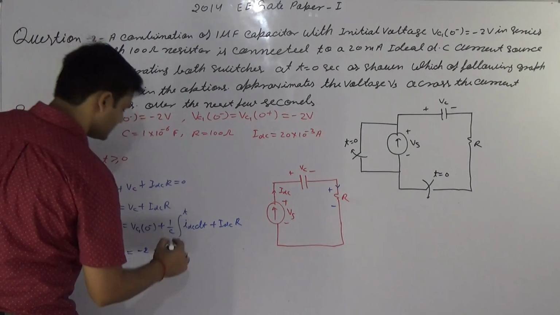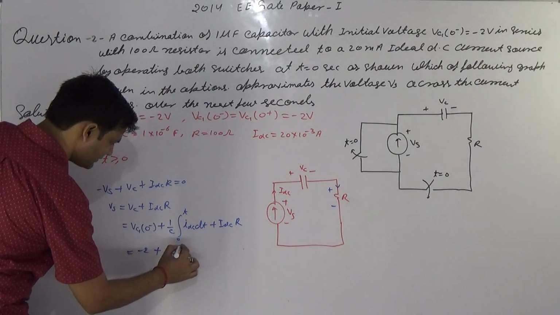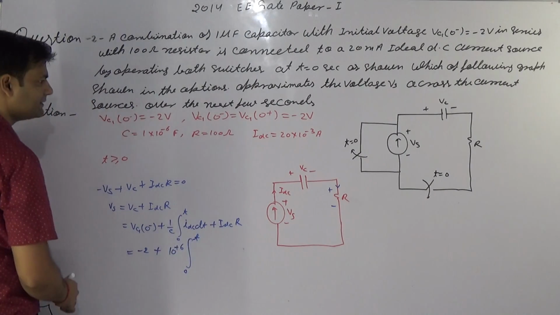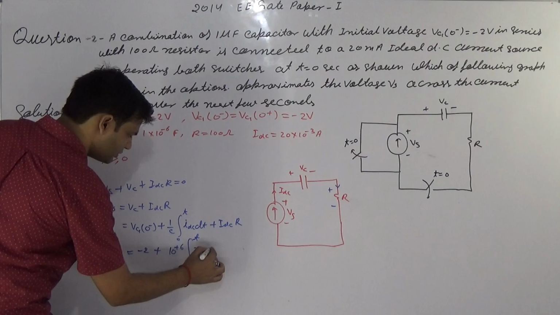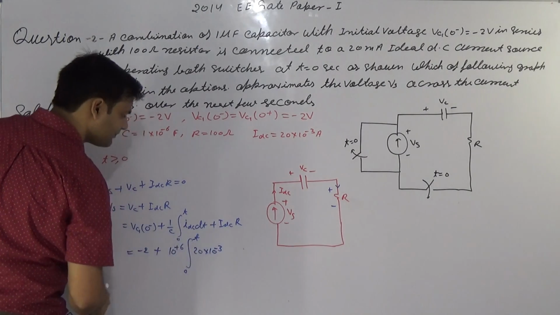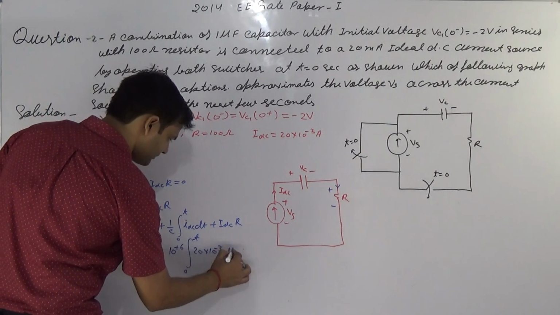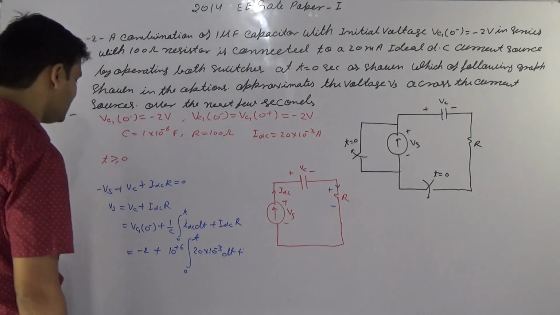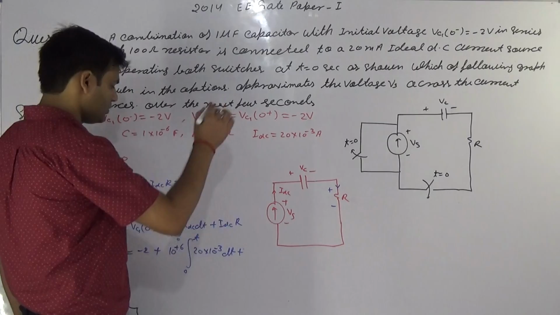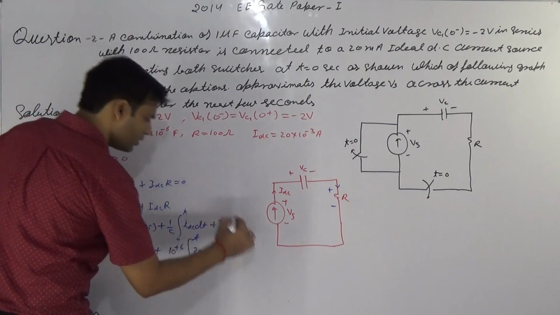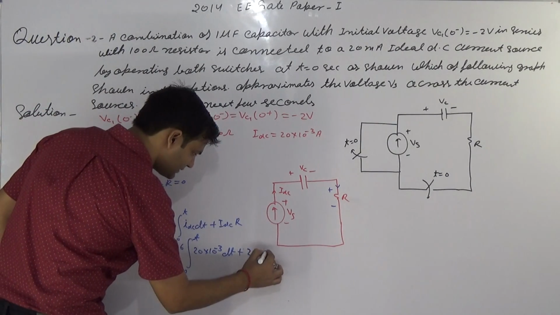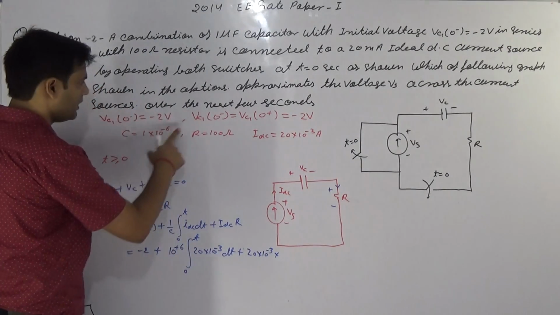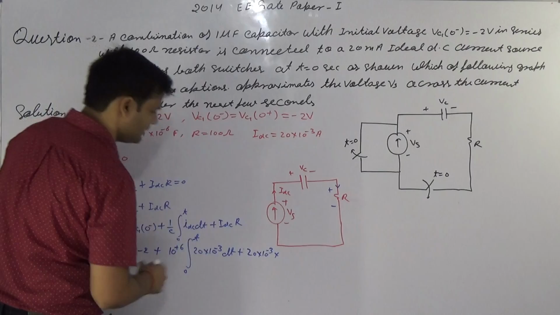What is C? 10 to the power 6, integral from 0 to T, IDC is 2 into 10 to the power minus 3, dt, plus IDC, which is 2 into 10 to the power minus 3, and R is 100.